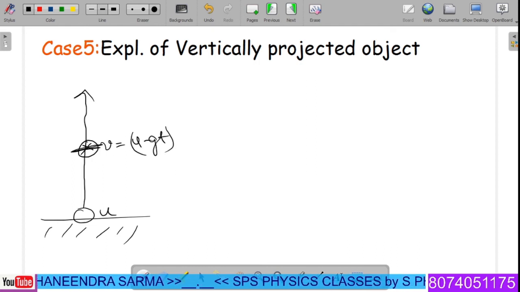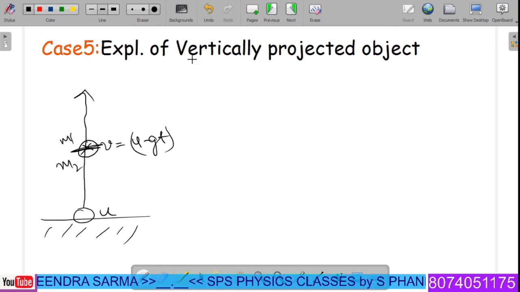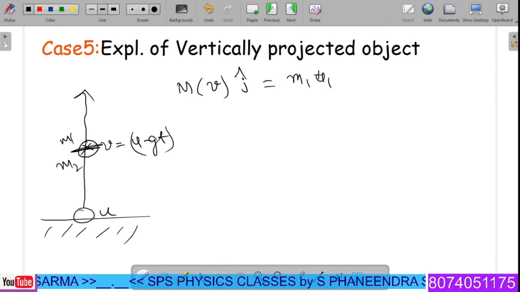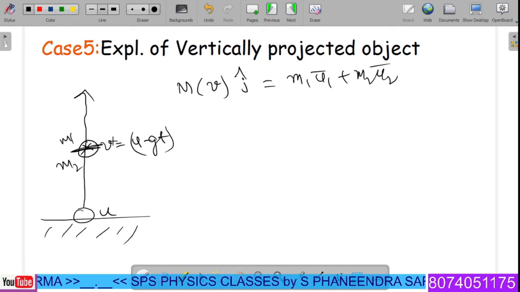Here now the object is divided into two parts, m1 as well as m2. Under such a case, the total mass m before explosion times v, still going in the forward direction, is the initial momentum. After explosion, m1 u1 bar plus m2 u2 bar are the linear momentums after explosion.